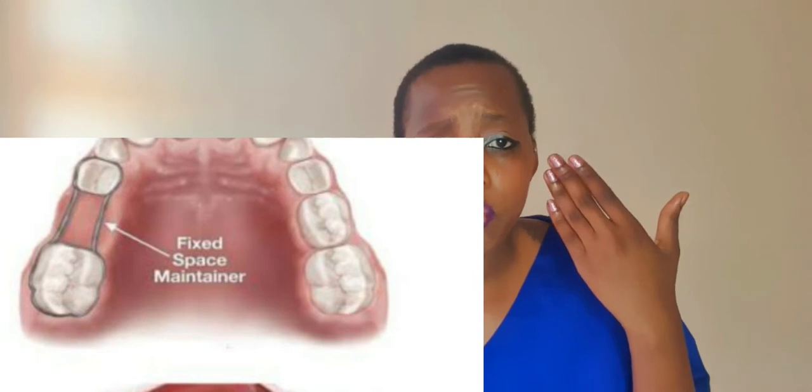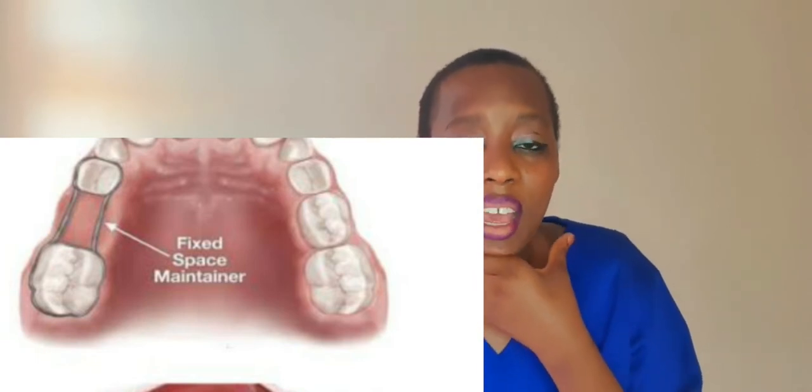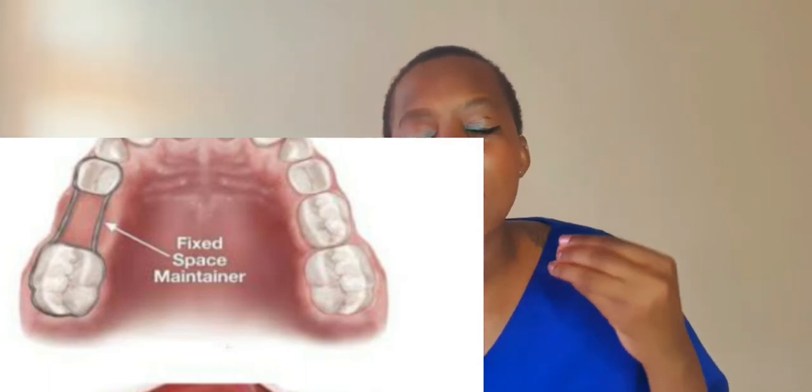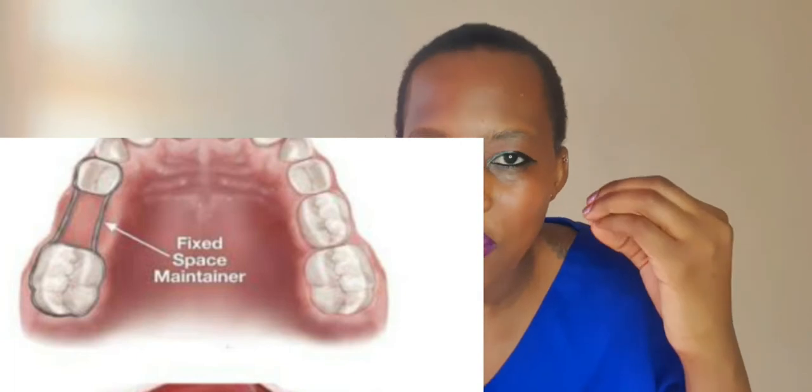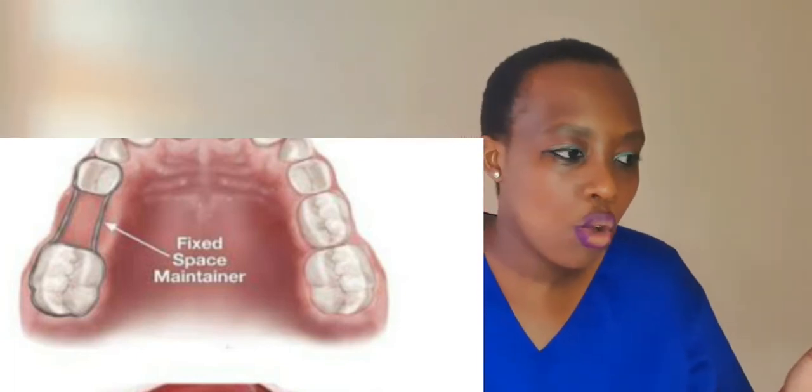Even with our class 2 and class 3 patients, we can place appliances that try to restrict the growth of either the maxilla or the mandible, so that the malocclusion is not as severe as it would have been had we not intercepted. With interceptive orthodontics, even cross bites, that tooth relationship, yes, we can use appliances to just kick that tooth out and place it in its correct positioning.